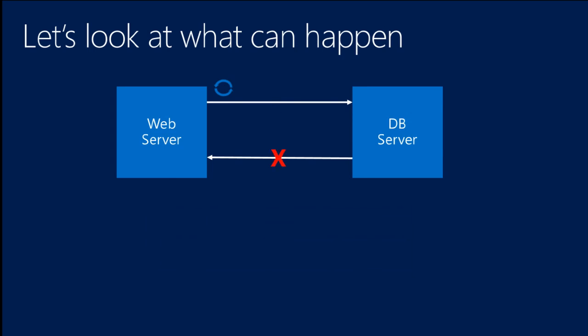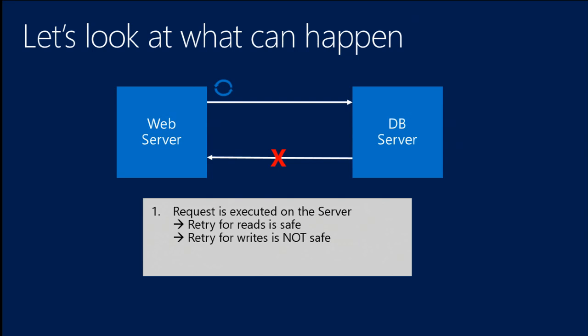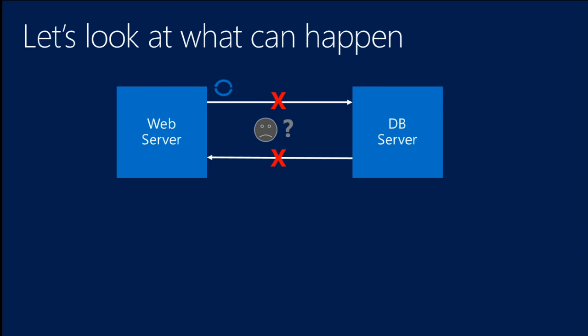The other thing that can happen is that on the way back you get a timeout. In this case, it's again somewhat the same scenario as when the request reaches the server. You cannot know, and it is again not safe to retry the writes. Essentially, no matter what happens, you don't really have an idea, especially for writes, what is actually going on, what is the state on your server.